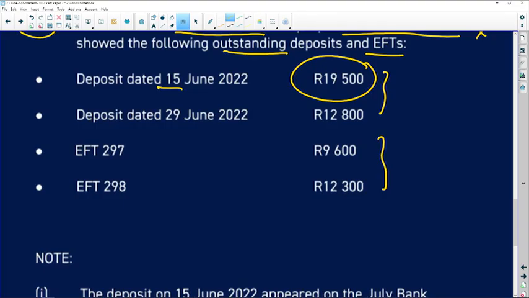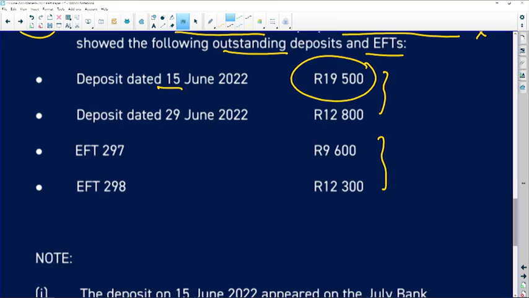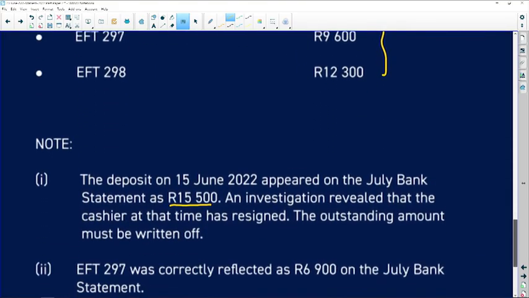Now remember guys, what does an outstanding deposit mean? It simply means that it is in our CRJ, but for some reason the bank is not acknowledging receiving 19,500. So on their side, it's like them telling you, but hang on, we didn't receive this amount of 19,500. Now the reason why they didn't receive 19,500 is obviously from the info that's given to us.